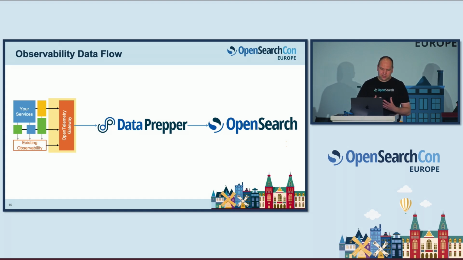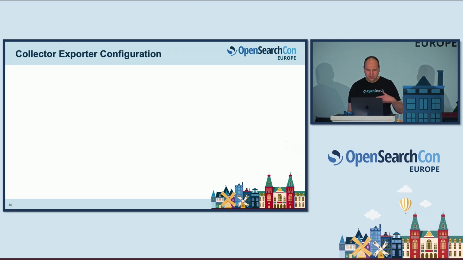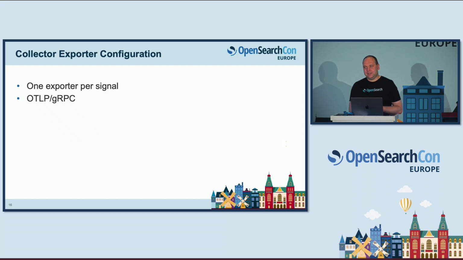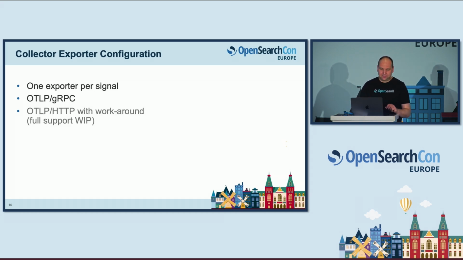So what we come to now is, okay, I have the OpenTelemetry collector. I will be going into a little bit of detail on how to configure it, especially the exporter. We usually configure one exporter per signal. So there's one for logs, one for metrics, one for traces. I will be saying this a whole lot more in this talk. For Data Prepper, we use OTLP gRPC. We do have OTLP HTTP support, but it's not quite nice to use yet, though we are working on it.